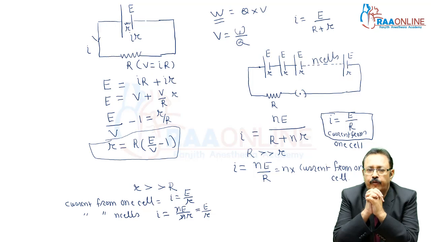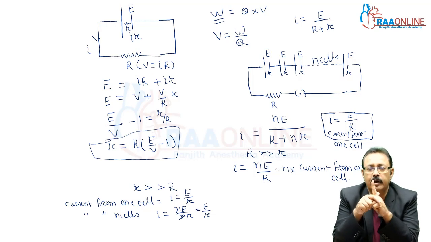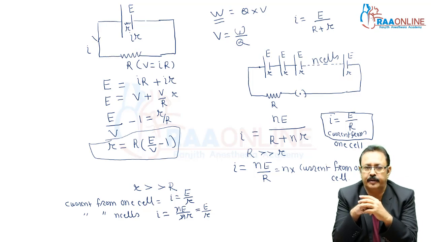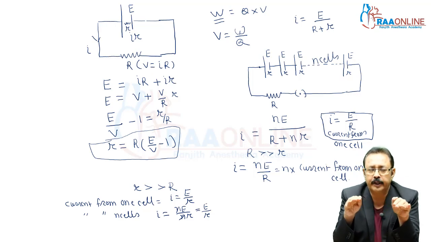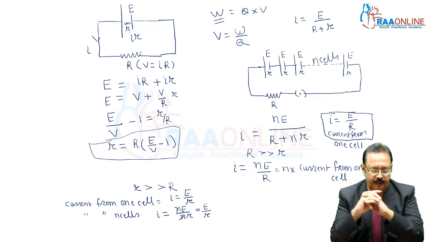If we can avoid internal resistance, then we have to use series combination. If internal resistance is very bigger than external resistance, then we will go for parallel combination. If both are of same order, we will use mixed combination.